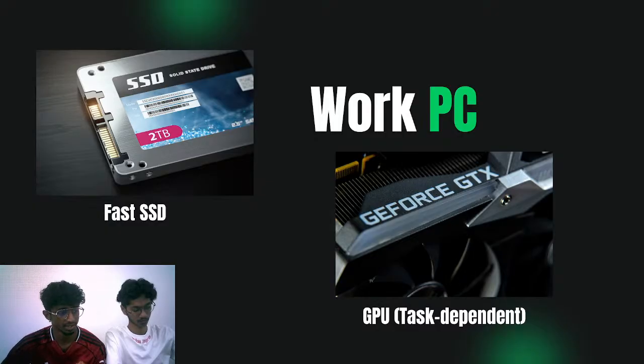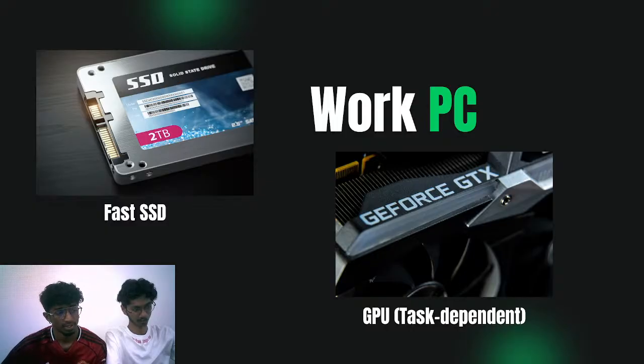Using a high-speed SSD, especially an NVMe SSD, can significantly reduce loading times. This means faster boot ups, quicker software launches, and smoother file transfers. For professionals, time is money, and faster storage helps improve overall workflow efficiency and reduce waiting time during work.